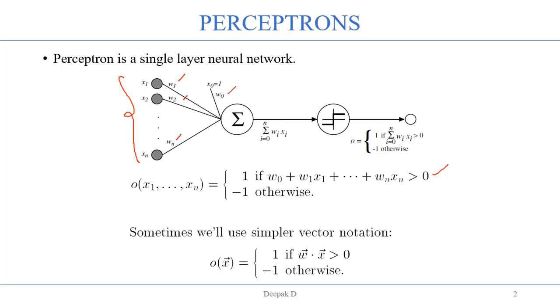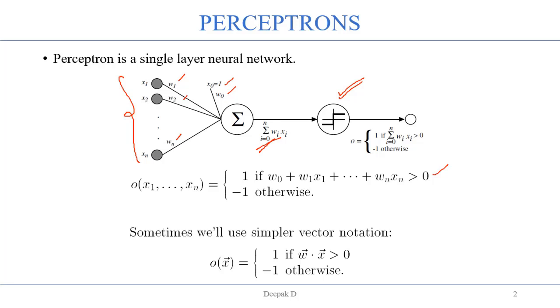Here the bias values are x0 and w0. The third important part is the net sum value, which is the value that we receive as the net sum. And the fourth one is our activation function. So let's see how it works.